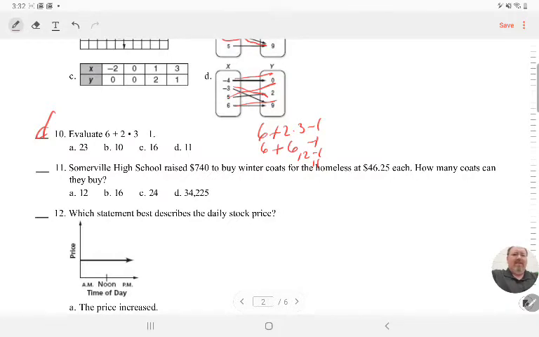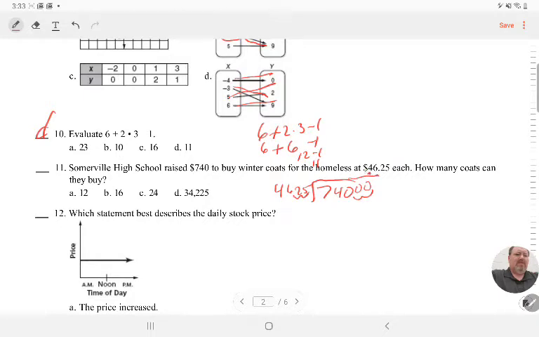All right, number 11. Somerville High School raised $740 to buy winter coats for the homeless at $46.25 each. How many coats can they buy? So all I have to do is go 740 divided by $46.25. I have to move my decimal over 2 places.